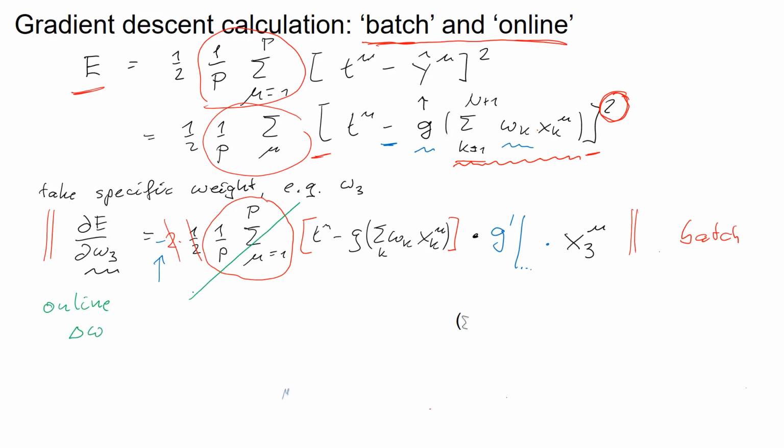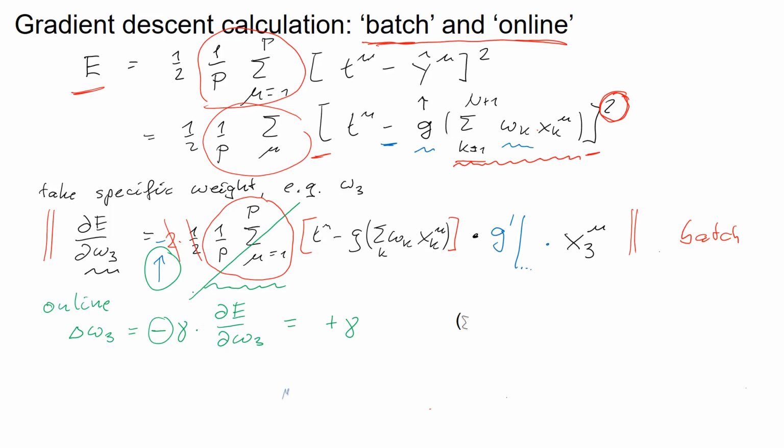Let me write it like this. Delta w3 is minus gamma, and then I have dE dw3, but I use the online version where I have cut out this term. So now the 1 over p is gone. So I have a plus gamma because the minus sign cancels with this minus sign.